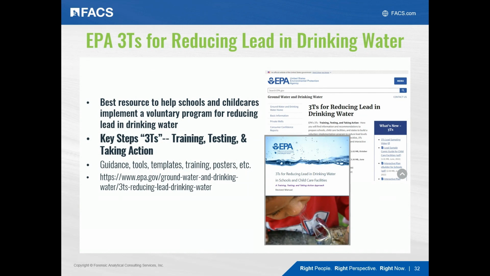You can just Google EPA 3 T's and you'll find it. There's a landing page with various resources, including the main guidance document, and it has recommendations on how to address lead in drinking water in schools and childcare facilities.